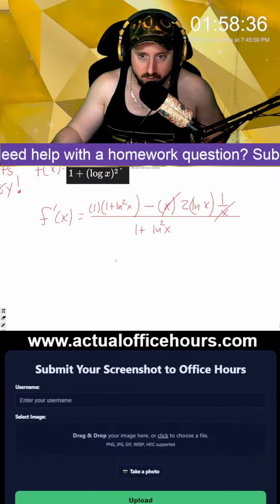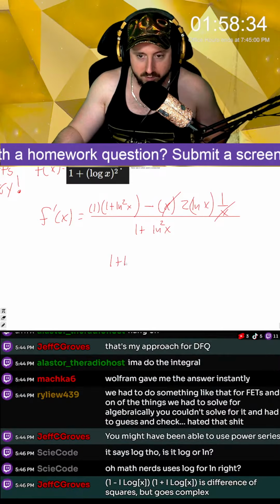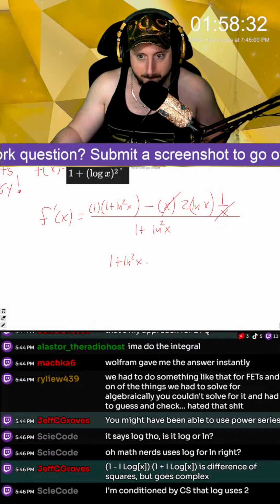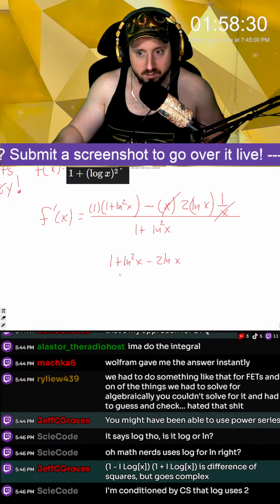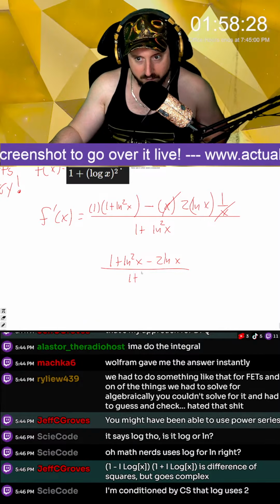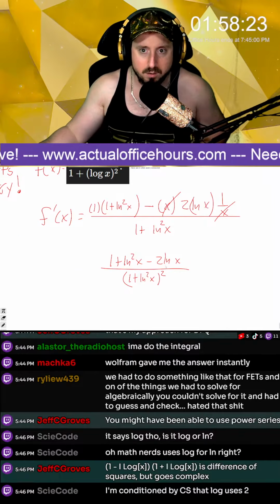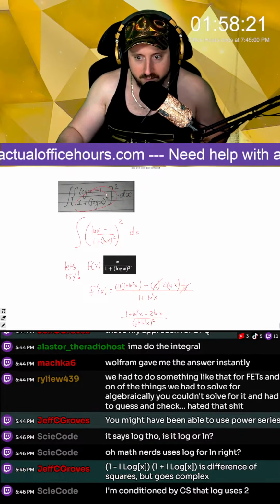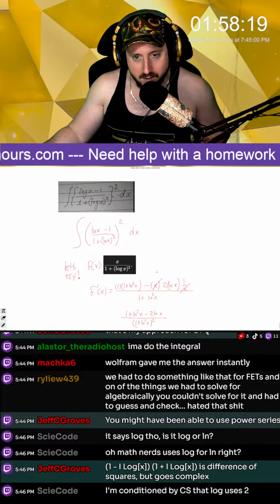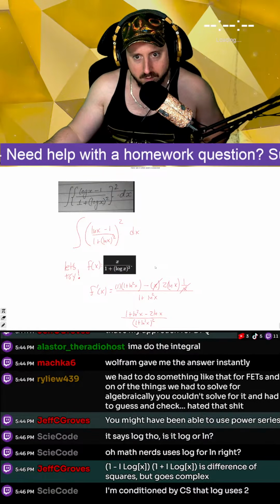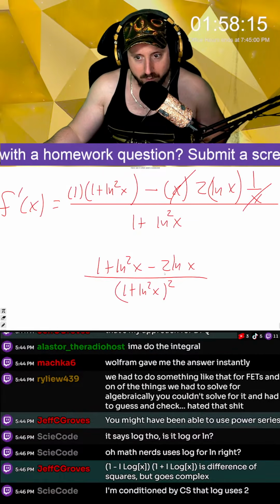So yeah, what do we get here? We get 1 plus ln squared of x minus 2 ln of x, over 1 plus ln squared of x, squared. Right? And we're trying to make it look like this? Oh, I see why that probably works.